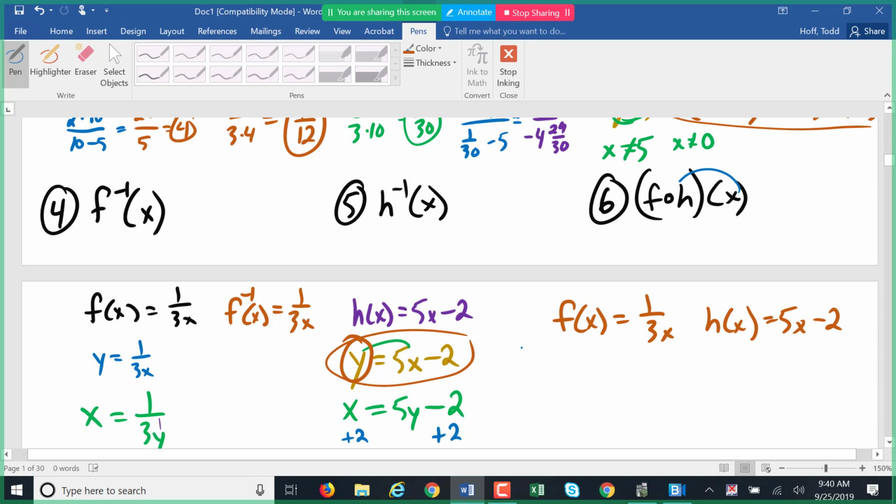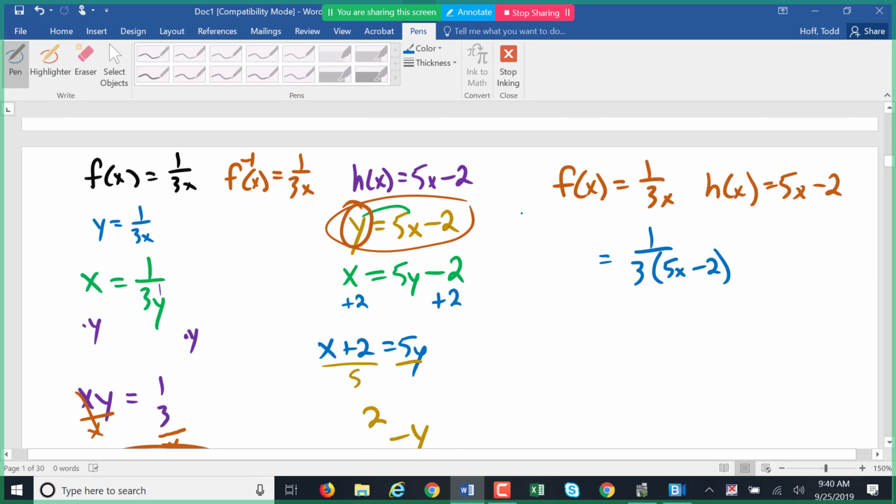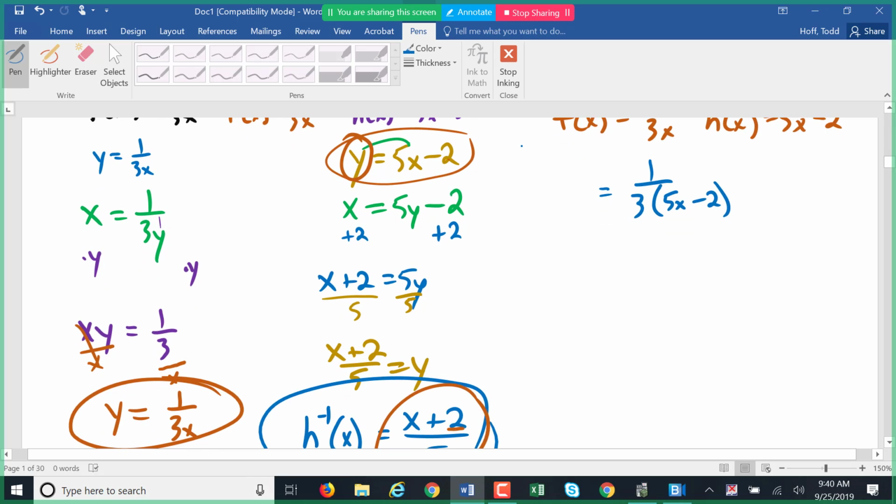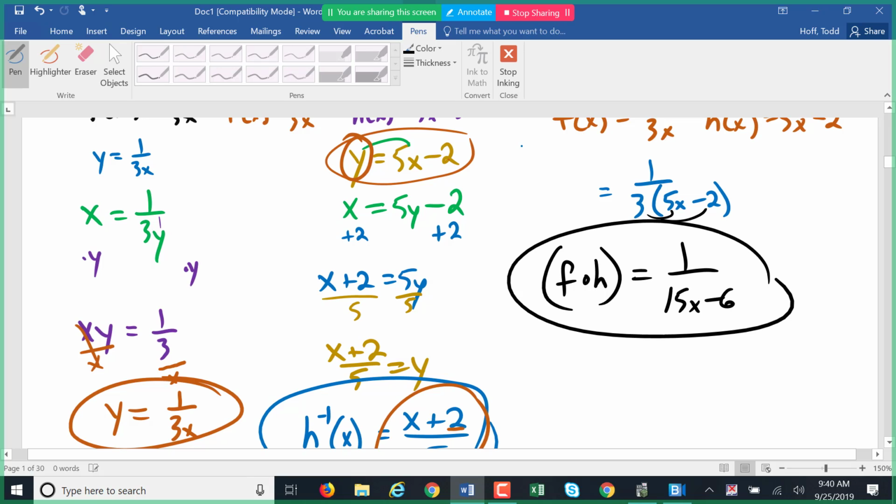So this is telling us to take H of X and put it into F. So instead of X, we're going to put in 5X minus 2. This gives us F composite H is equal to 1 over, distributing the 3, we get 15X minus 6. Any questions there?